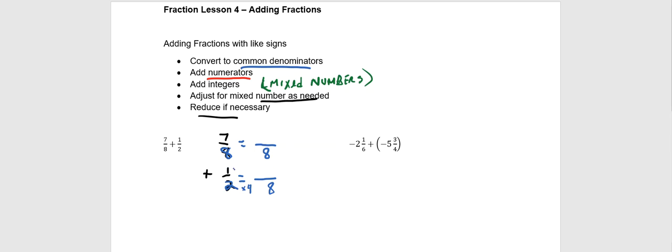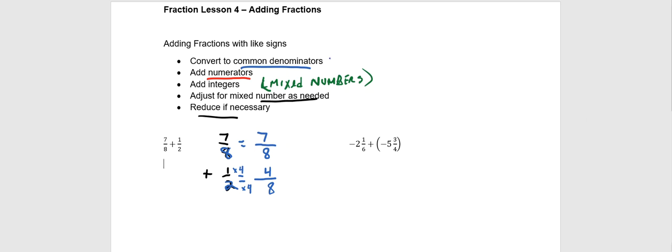And to keep this an equivalent fraction, I'll have to do the numerator. 1 times 4 is 4. So we're now looking at 7/8 plus 1/2, written with common denominators being 7/8 plus 4/8.